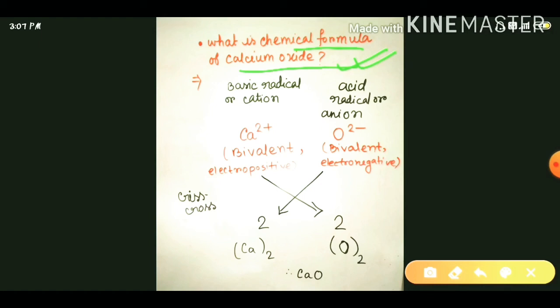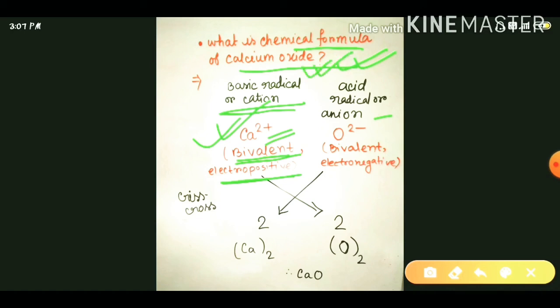To make this chemical formula, first we have to write the basic radical or cation. Here the basic radical is calcium, Ca2+, right? This 2+ means the valence is 2, it is bivalent, and it is electropositive due to having a positive charge. Then we write the acid radical or anion, which here is O2-, oxide, right?